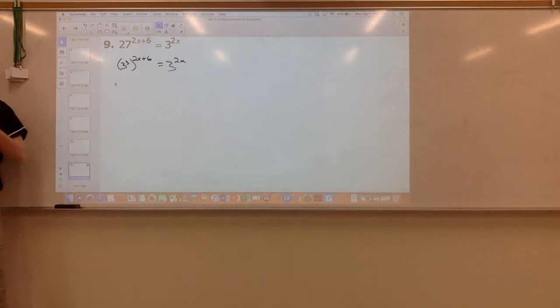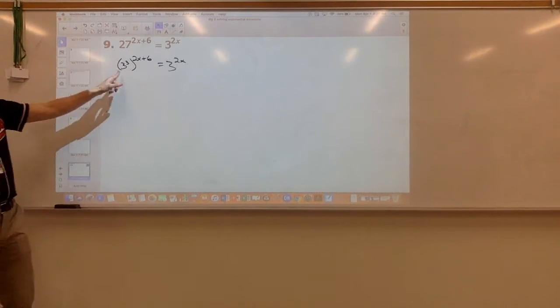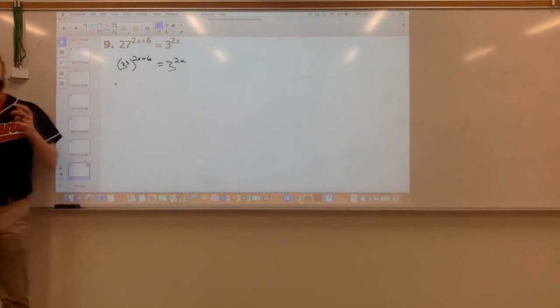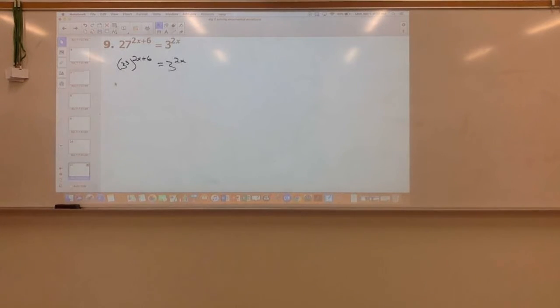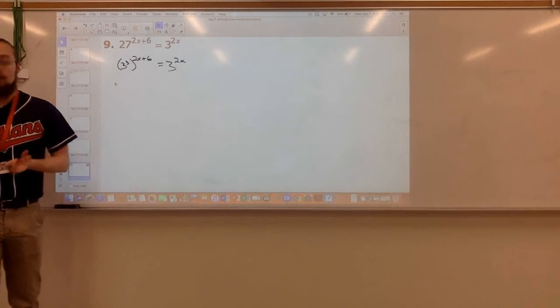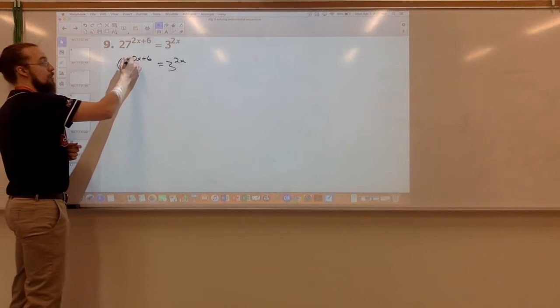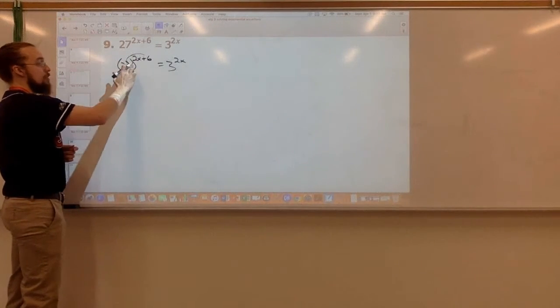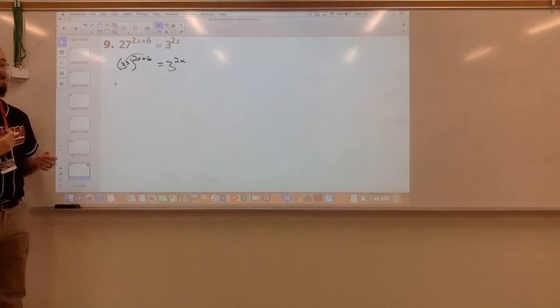So here, this is where our power property comes into play. I'm raising a power to a power. So I'm not going to add them together. If I'm raising a power to a power, I'm going to multiply them. So what I'm going to do is distribute this 3 to both the 2x and the 6.